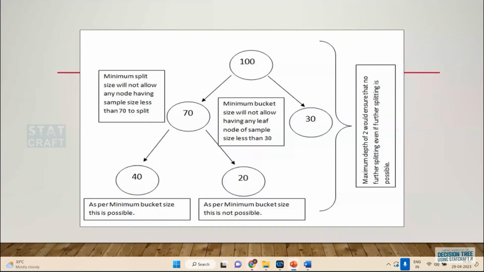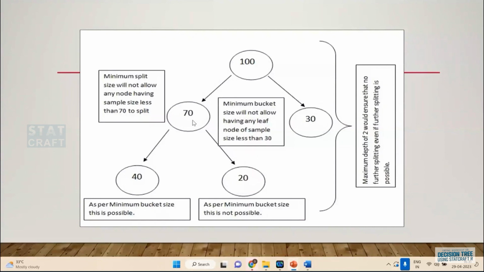The second restriction we will put on the nodes. Minimum split will not allow any node having sample less than 70. So if any node is having the number less than 70, no further division will be allowed. See, this 30 is not divided, but 70 is divided.